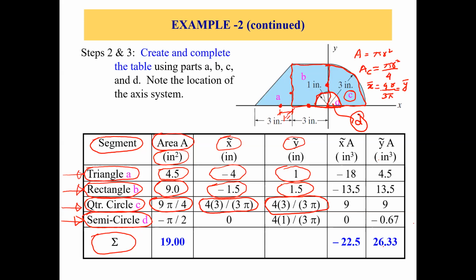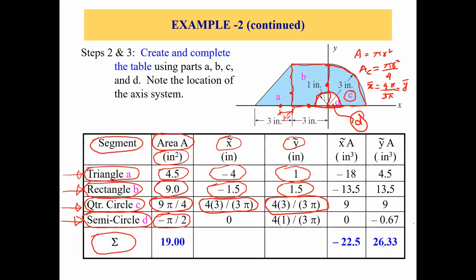Radius is 1 inch, so that will give us negative pi by 2 as the area. We use this negative sign because this is a hole, to show the area of the hole.